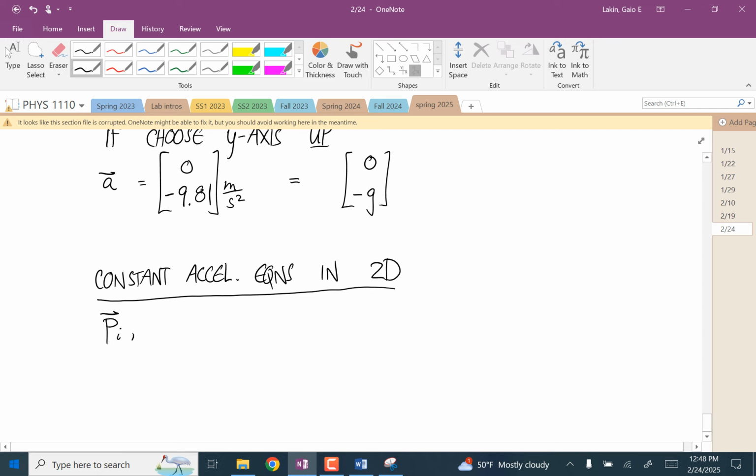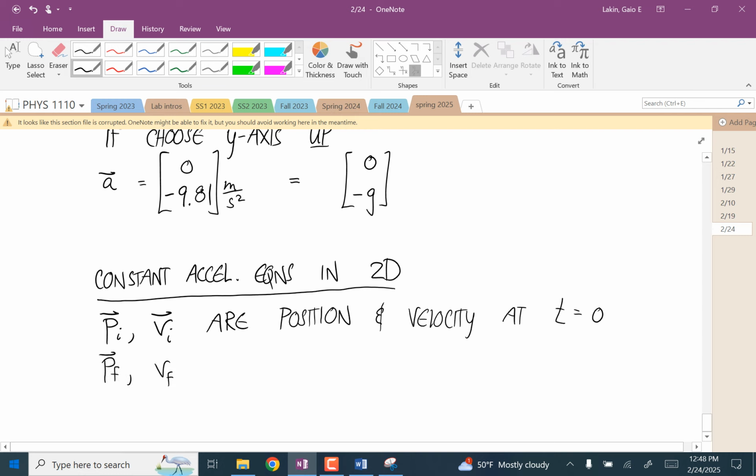The initial position vector and the initial velocity vector are the position and velocity at the instant when time is equal to 0. And PF and VF are the position and velocity at the instant time final.